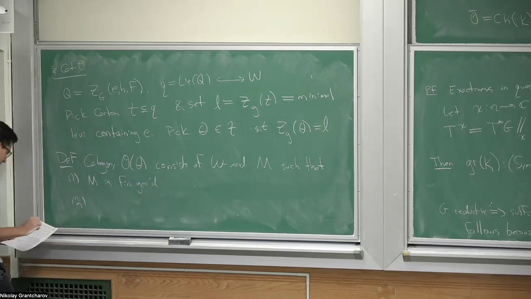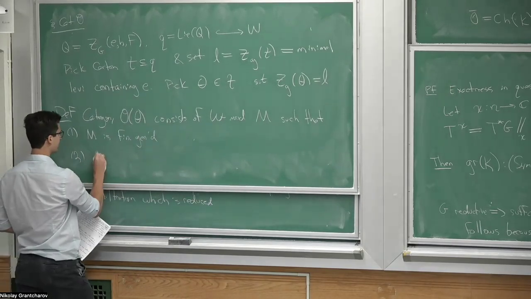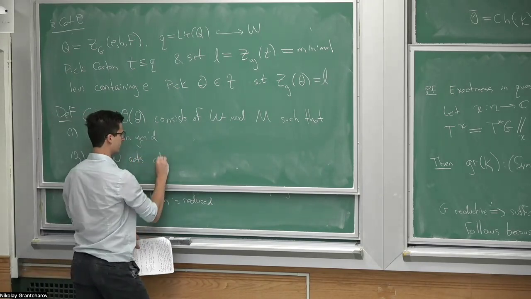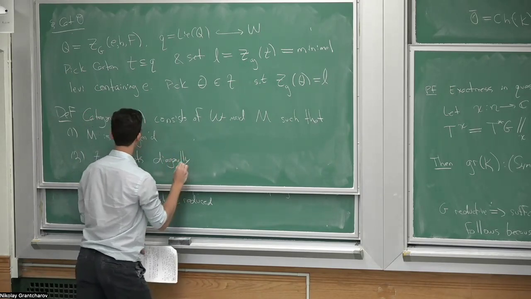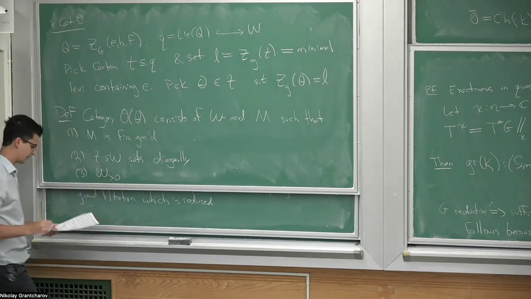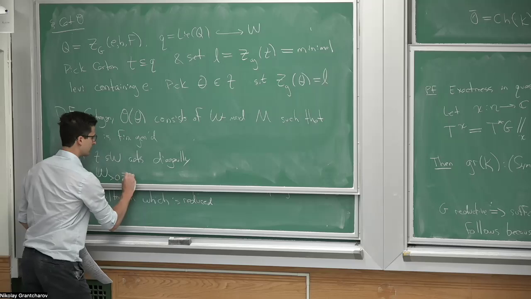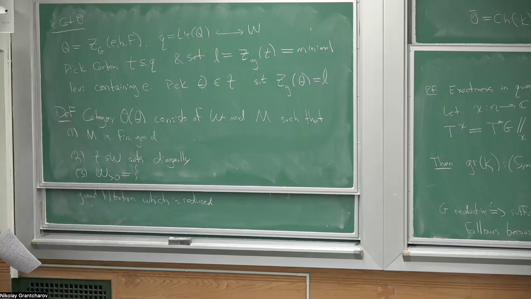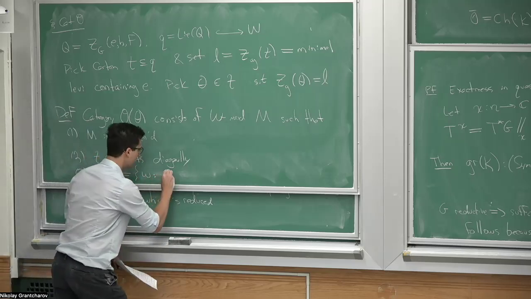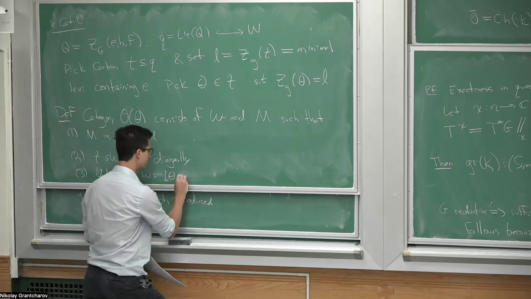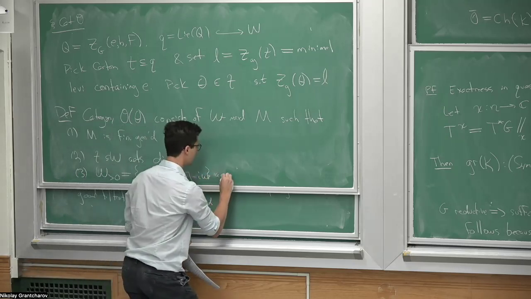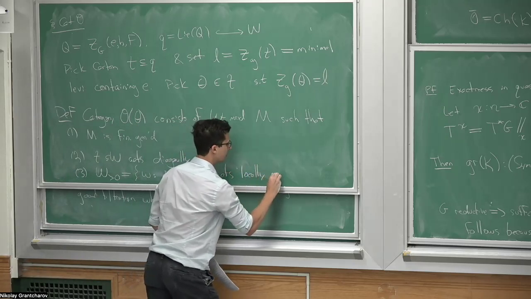Two, T acts semi-simply. Three, the W part of grading greater than or equal to 0, which plays the role of the nilpotent, and the grading is with respect to theta, has to act locally nilpotently.